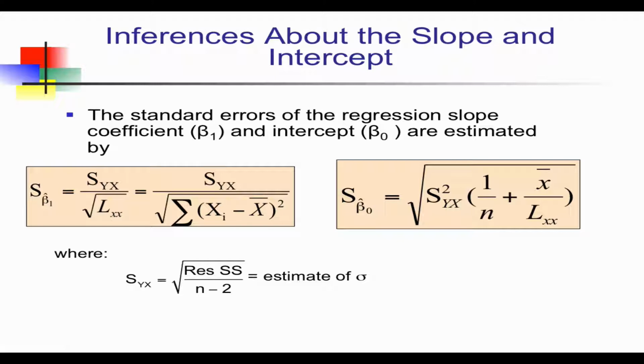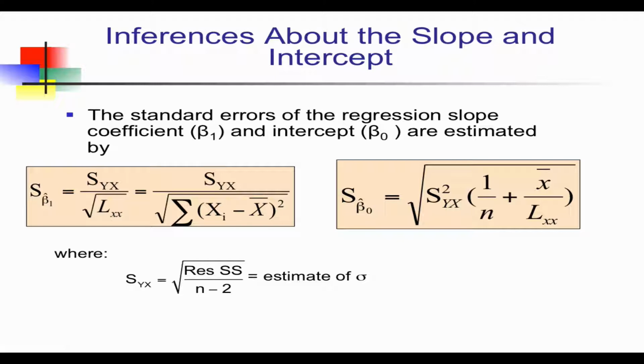If you work out the expectation of beta hat 1, you can do some algebra and eventually see that the expectation of this ratio equals beta 1.